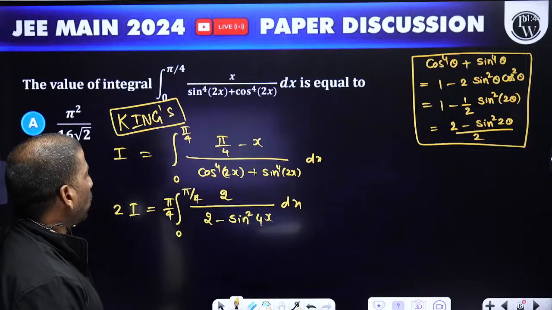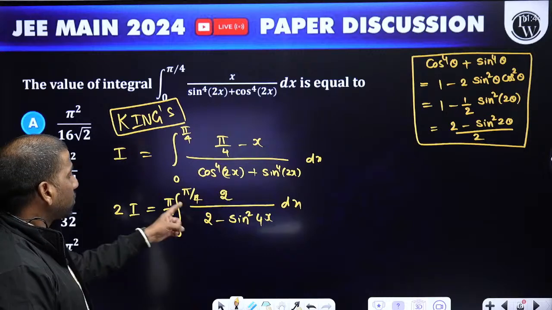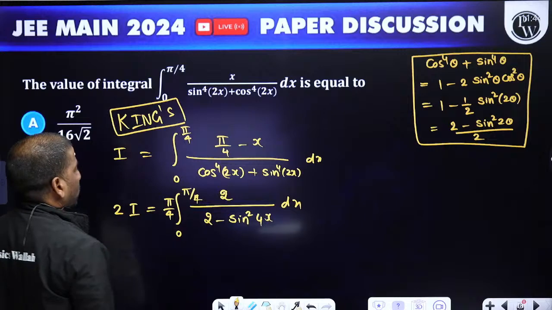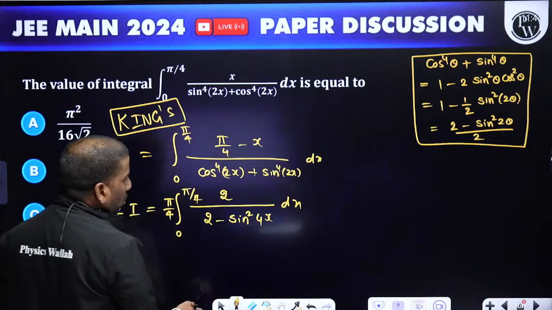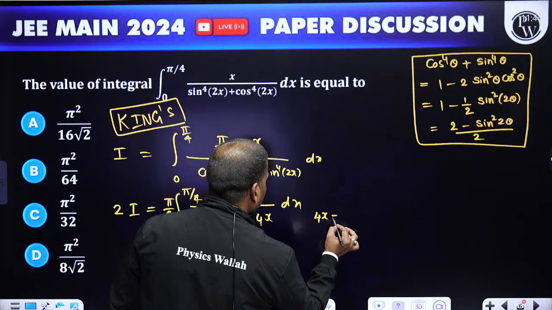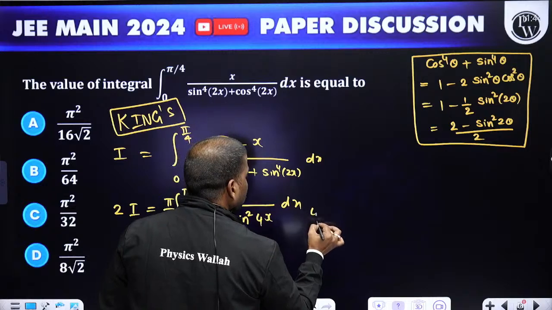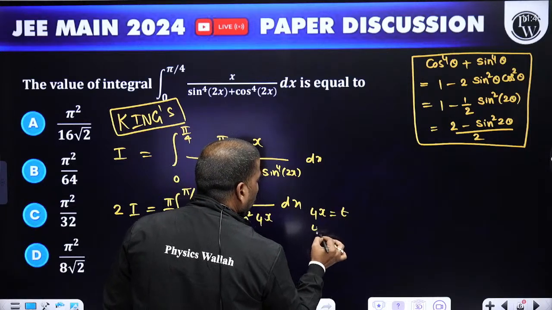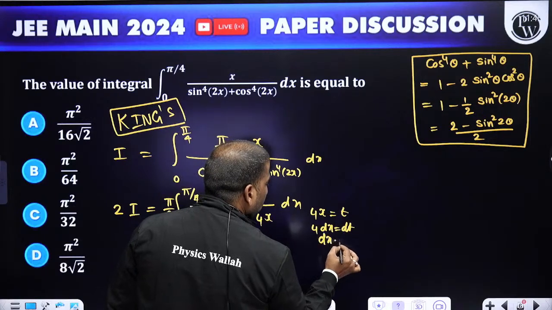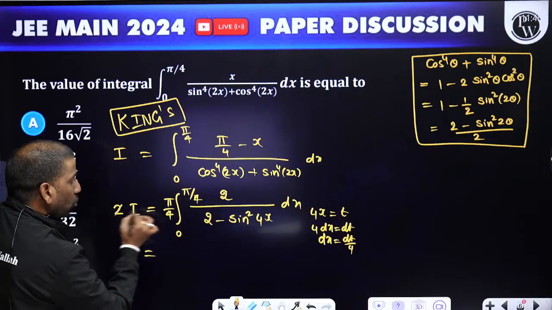Right. So now what we will apply here, as it is pi by 4, we write 4x is equal to t. So 4x is equal to t, 4 dx is equal to dt, dx is equal to dt by 4. So 2 got cancelled here.